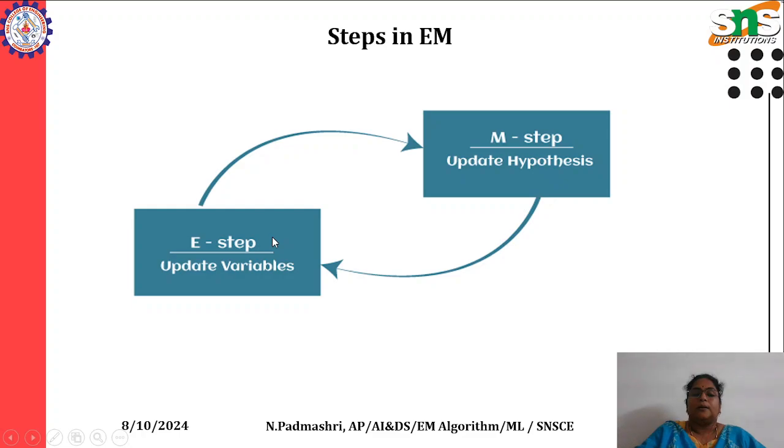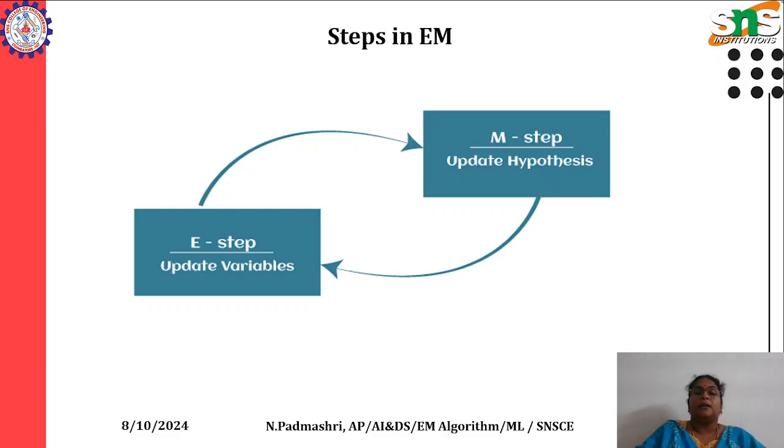Here you can see, update the variable. In the first step, you are going to do the variable updation. Then we transfer the data to the second step, which is maximization, where we update the hypothesis. Then again the result is sent back to the first step. This is what happens in the steps of the EM algorithm.